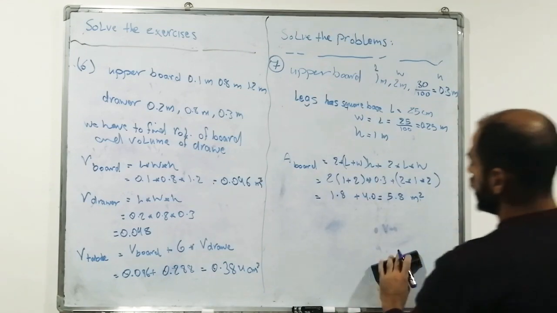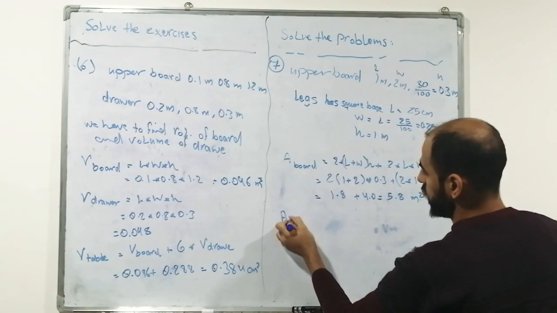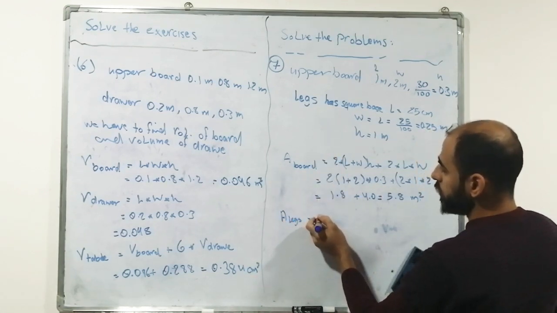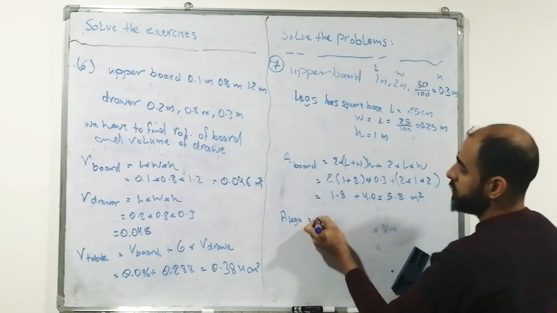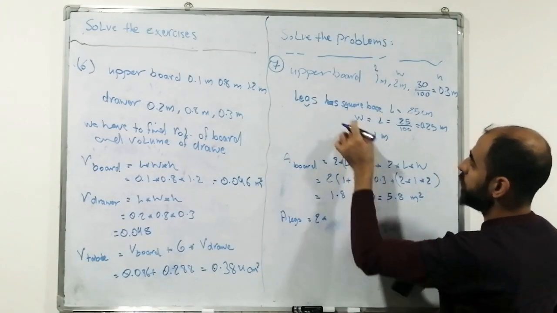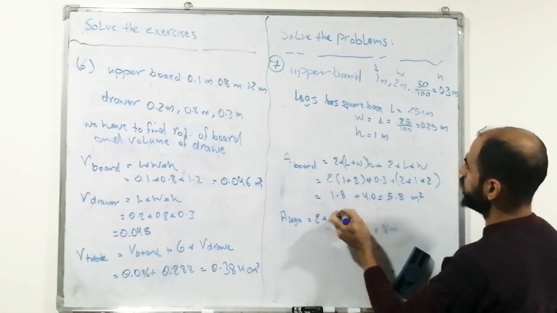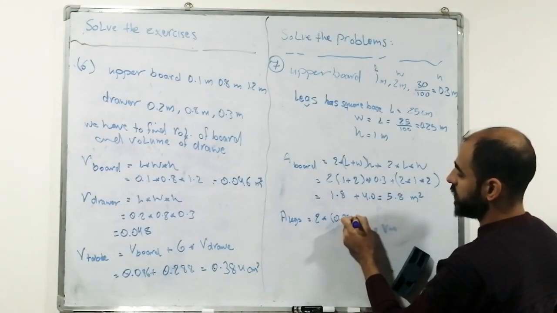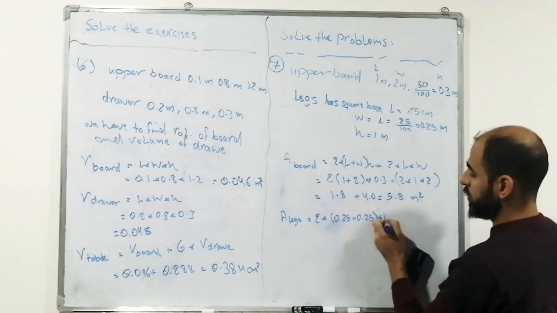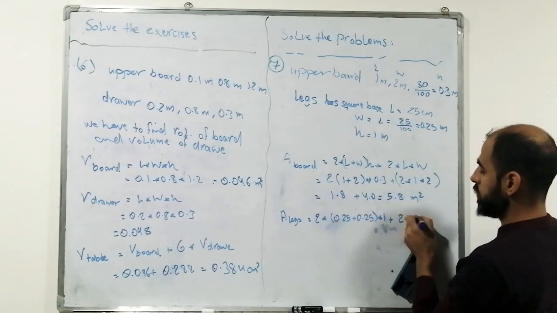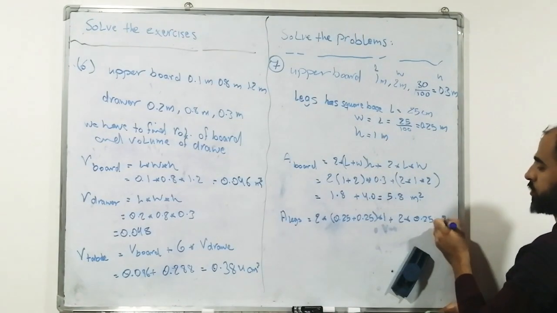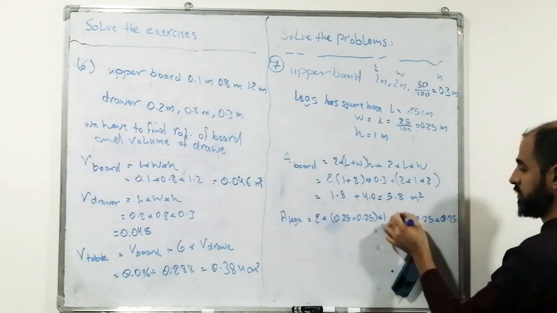Now to find the area of the legs. Also by using the same law of the parallelepiped. Here in the legs the length and width are equal, which are 0.25 plus 0.25, multiplying by height 1, plus 2 by length 0.25 and by the width also 0.25.